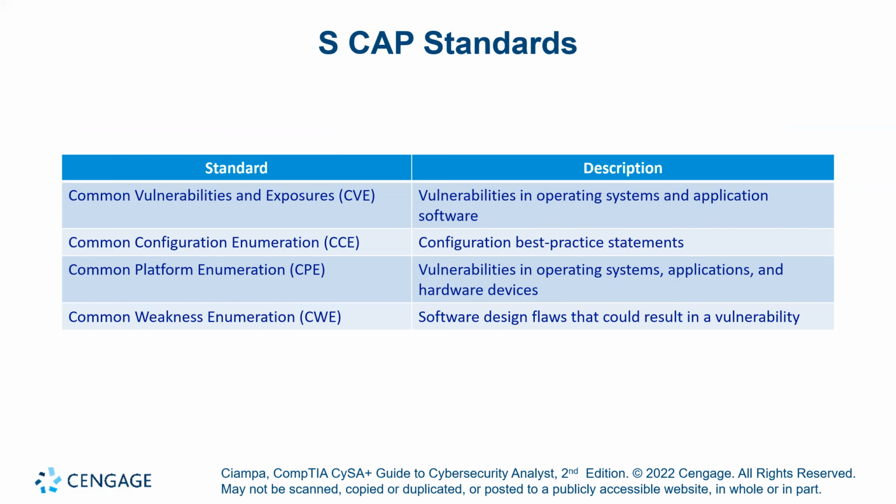So there's the common vulnerabilities and exposures, or CVE, vulnerabilities in operating systems and application software, common configuration enumeration, CCE, configuration best practice statements, common platform enumeration, vulnerabilities in operating systems, applications, and hardware devices, common weakness enumeration, CWE, software design flaws that could result in a vulnerability. So they may not necessarily, but they have the possibility to create a vulnerability.